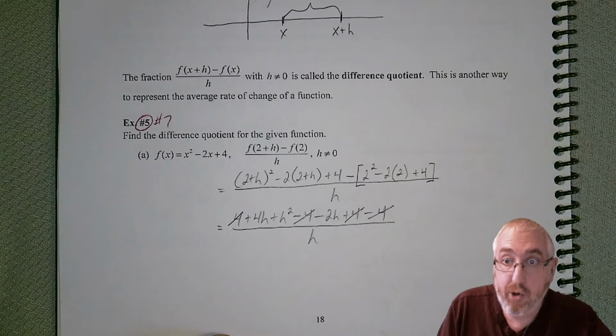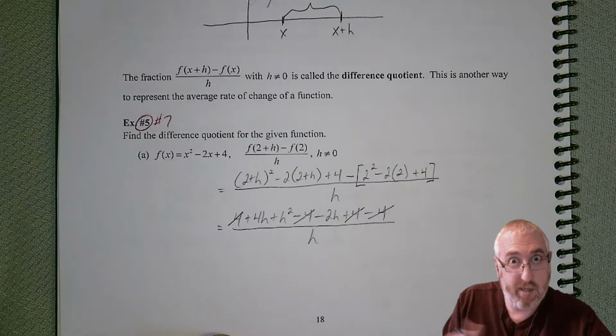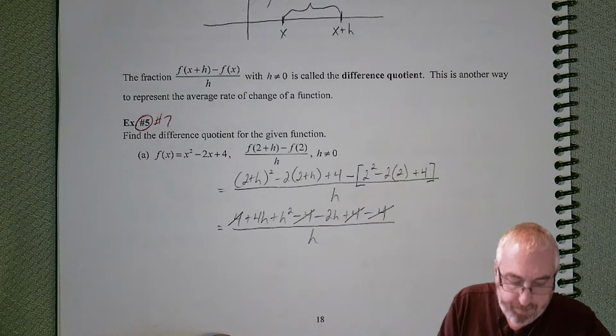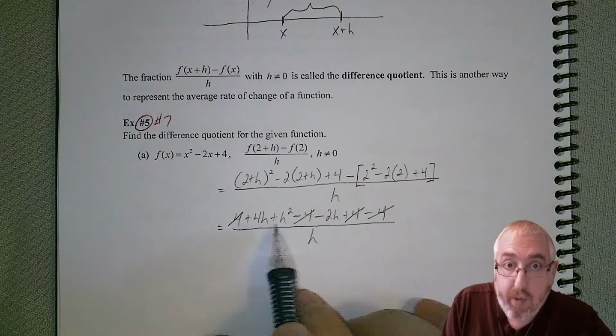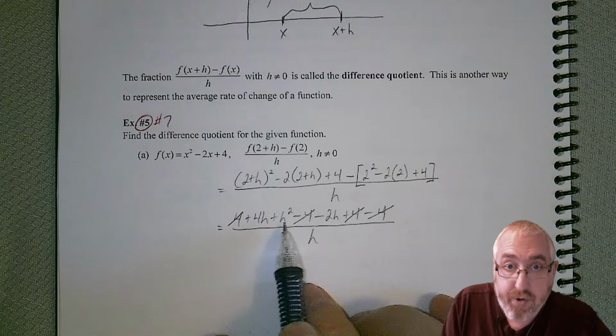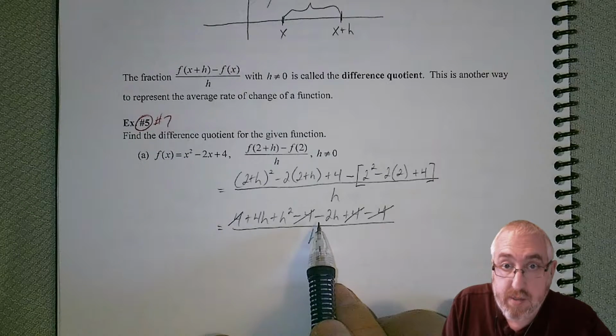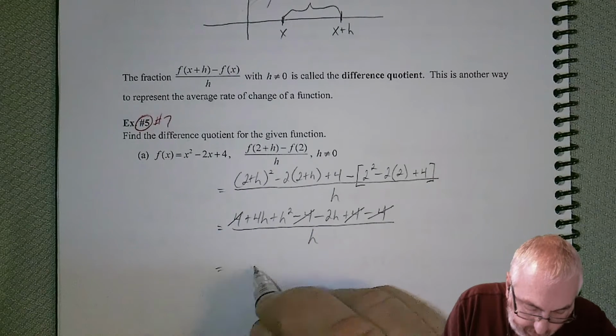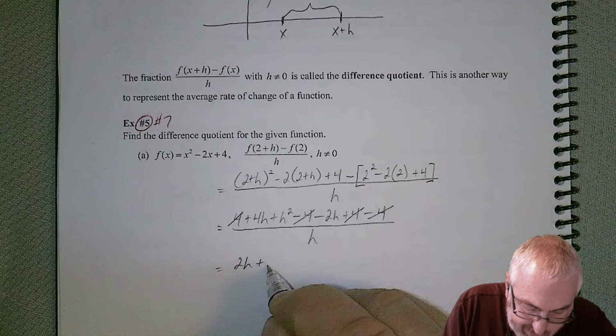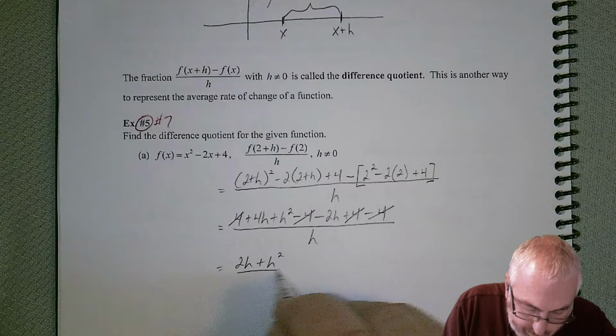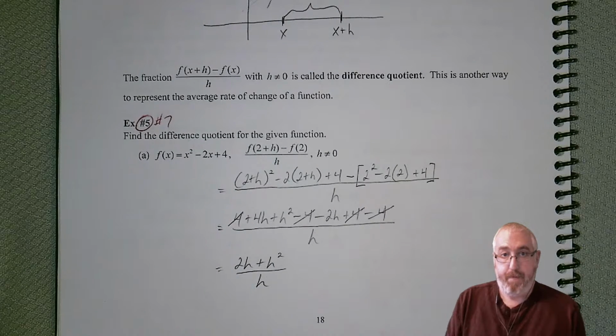So a lot of good cancellations if you do this correctly. We're going to see this the more we do. But the other thing we can do is combine our h terms. So 4h minus 2h. So we're going to have a 2h plus h squared all over h.